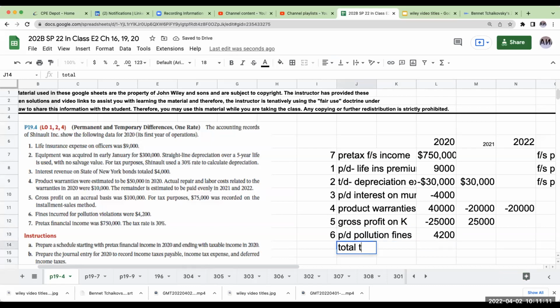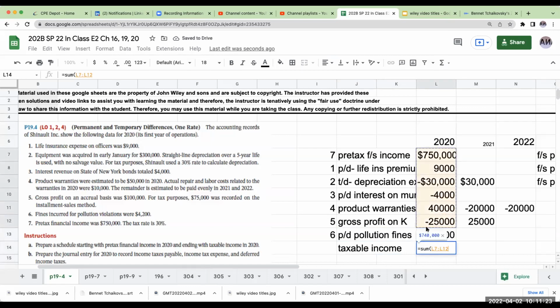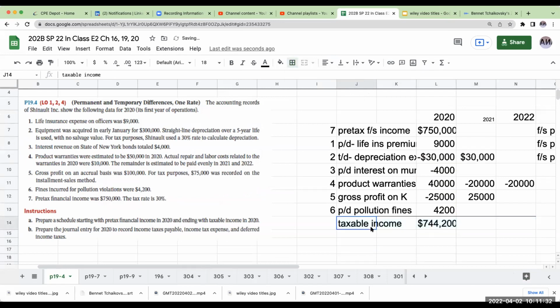So my total taxable income is going to be the sum of these values right up here. And it's going to be $744,200. So that is my total taxable income.